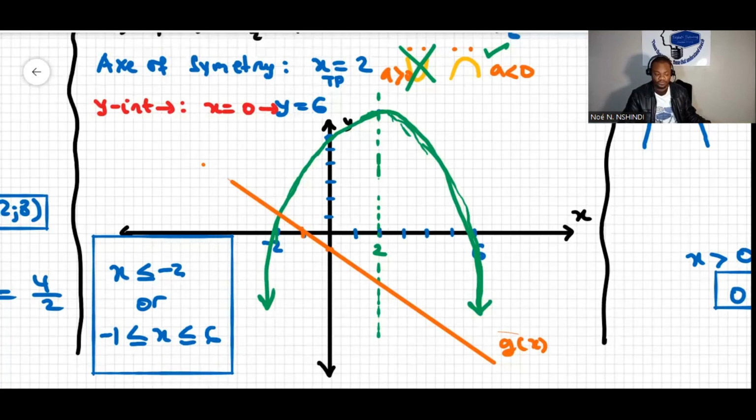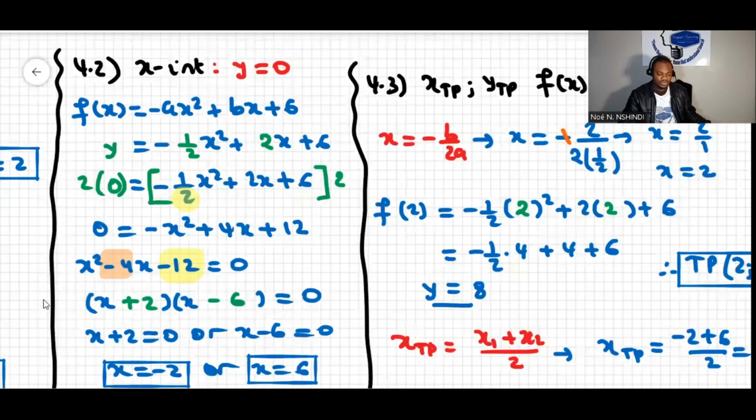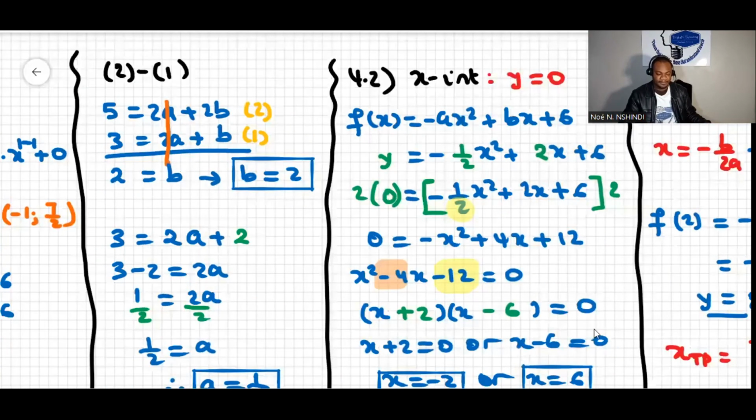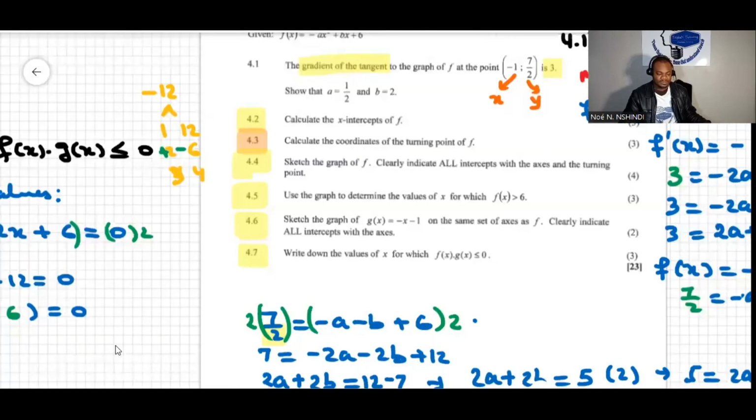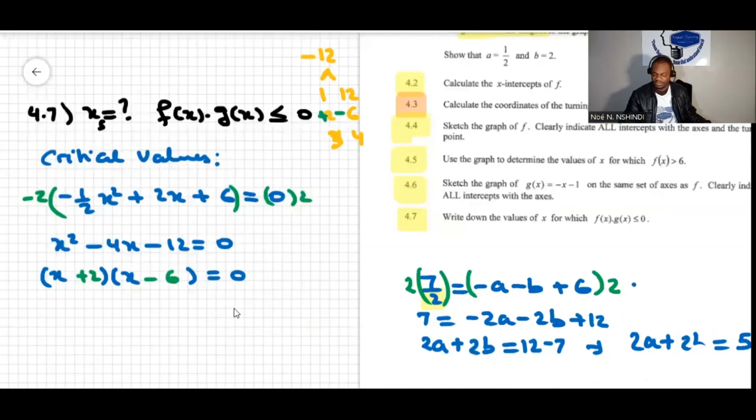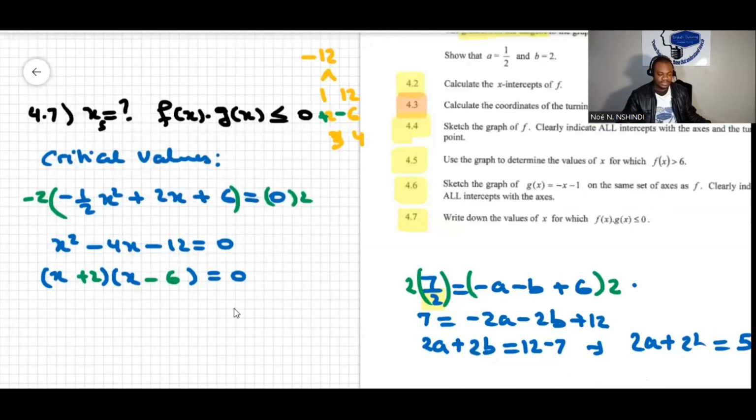Or else you can do the calculation over here. The critical values will be -2 or 6 here. And then you can also work out x minus 1 equal to 0. The critical values will be x equal to -1.